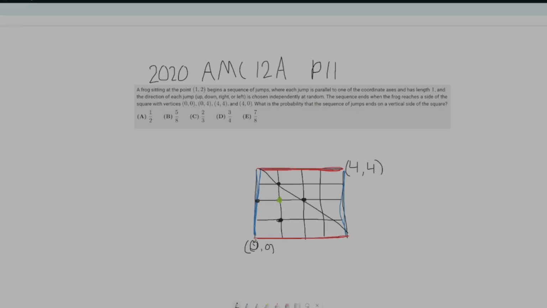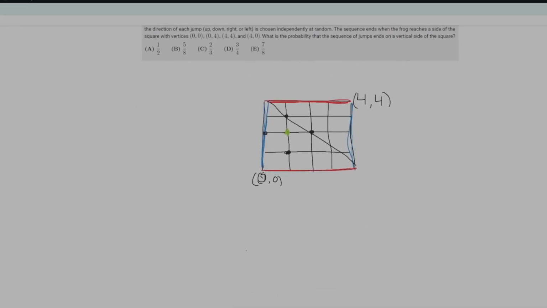So what that means is, the probability of getting to this point is 1/4, and then the probability of winning when we get there is just 1/2.